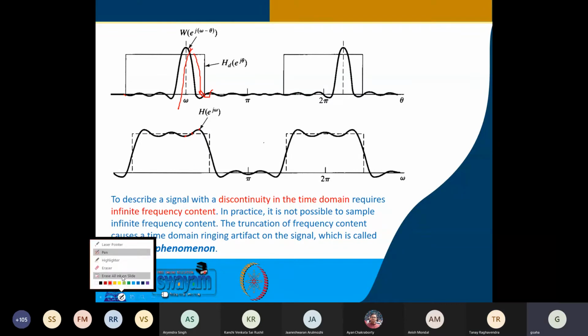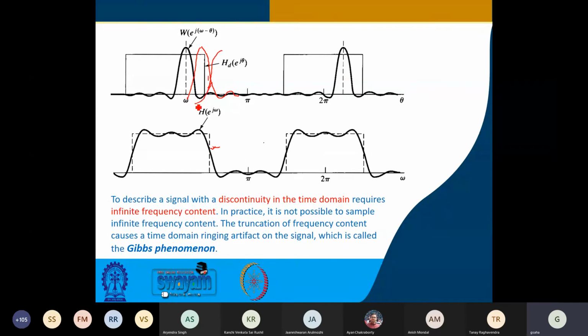And then as it goes out, this is the major part contributing, right? Then more positive area is going out, so it will start falling. And then it is completely going out.